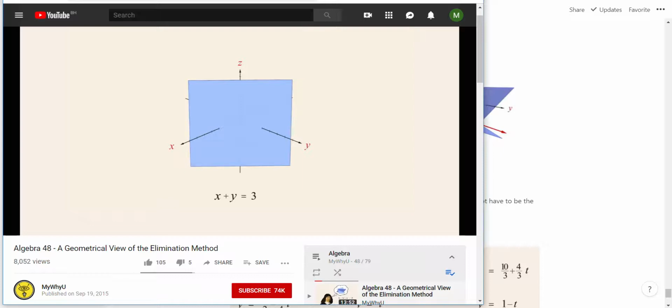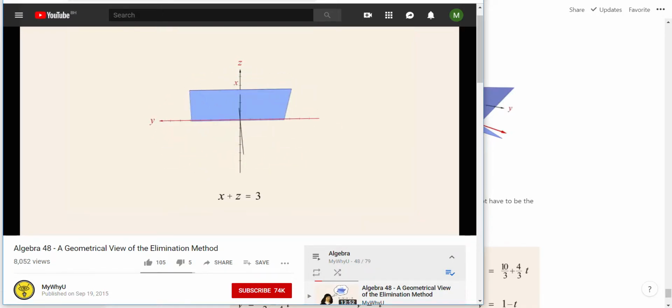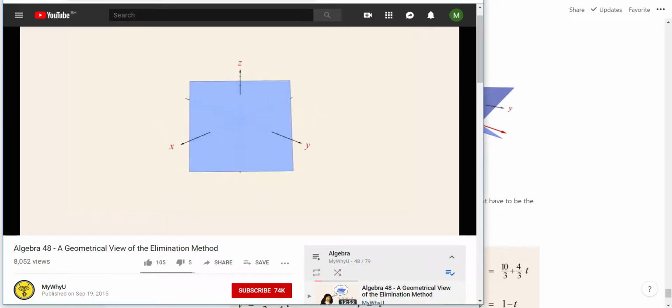Since this plane never intersects the z-axis, it is parallel to that axis. Likewise, the graph of the equation with y eliminated will be parallel to the y-axis, and the graph of the equation with x eliminated will be parallel to the x-axis.